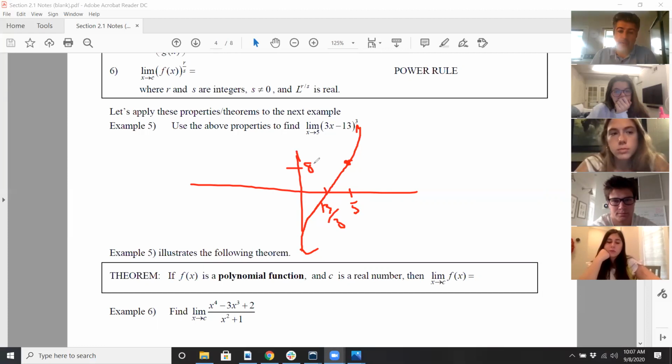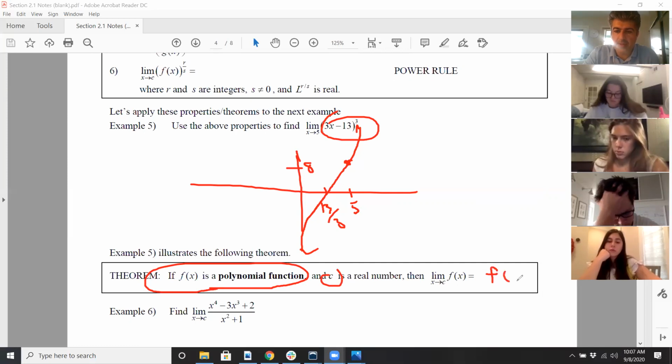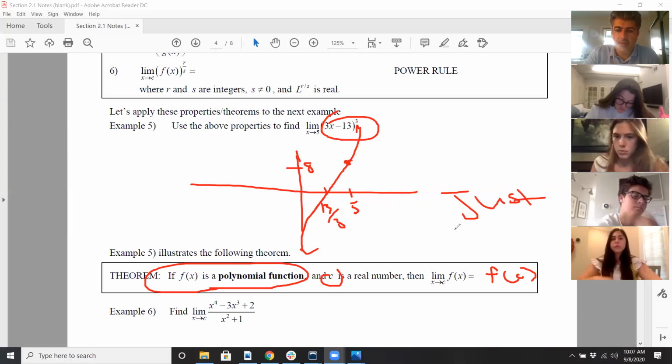So that's kind of the point I'm trying to make for what's going to happen for example 6. If you have a polynomial function, which we did, that's a polynomial, and some real number c that x is approaching, then it's just f of c. Just substitute.